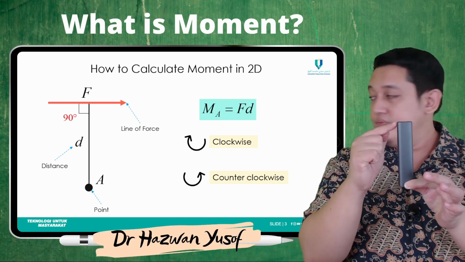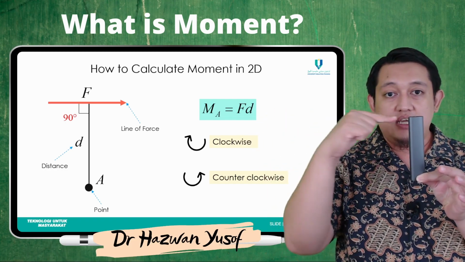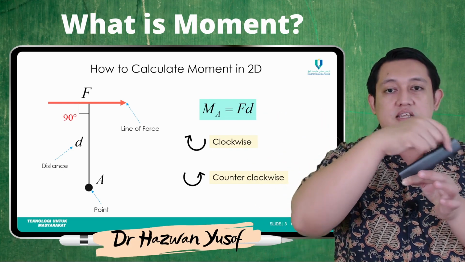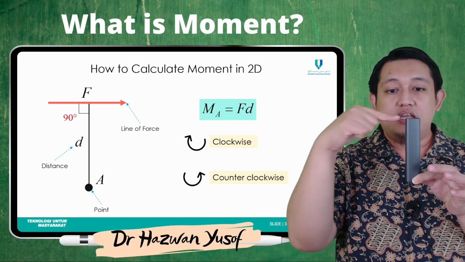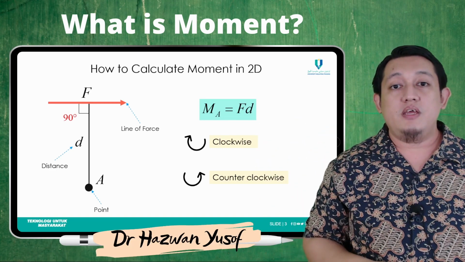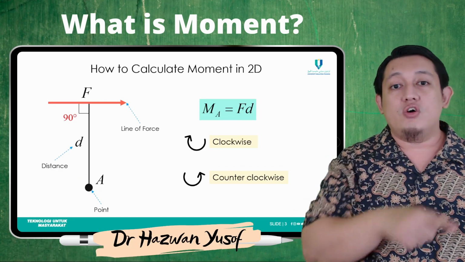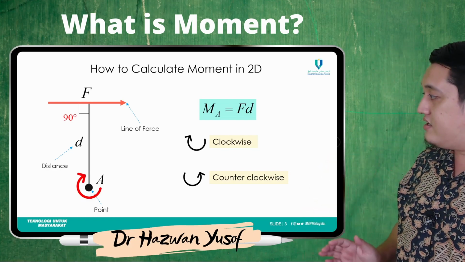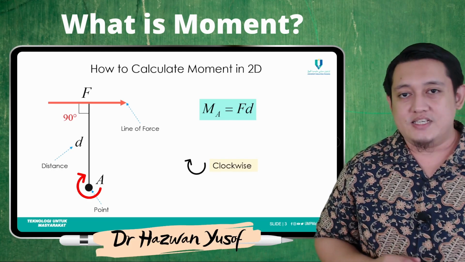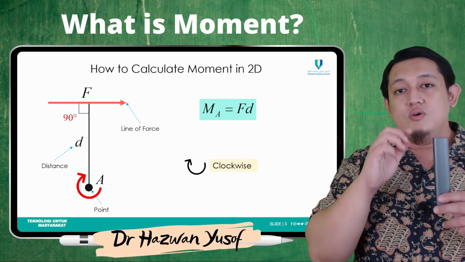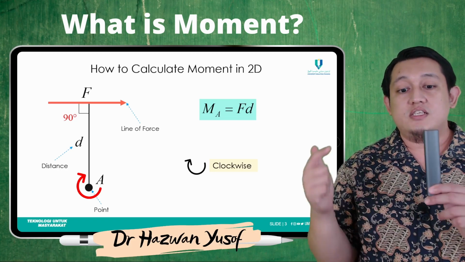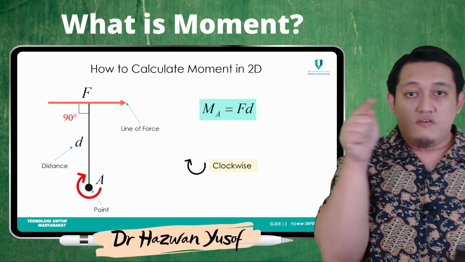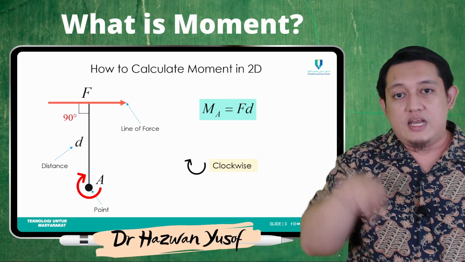As you can see, our force is pushing in this direction. What will happen when it is pushing like this? This body will rotate like this, in this rotation, which means it is a clockwise rotation. So this is how you determine whether it is clockwise or counterclockwise. Try to follow the direction of the force. It will be rotating like this or like this.